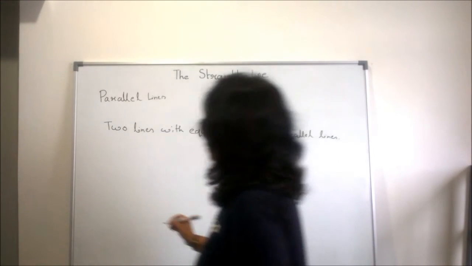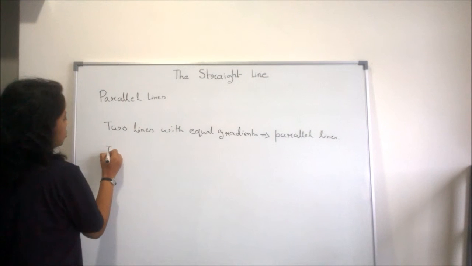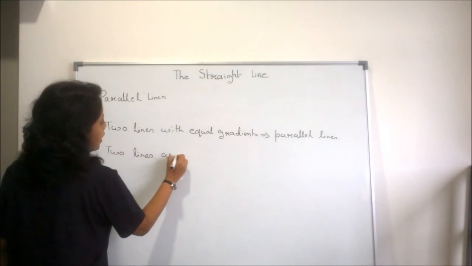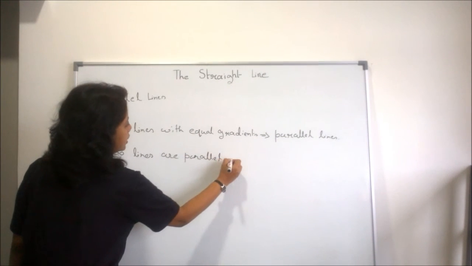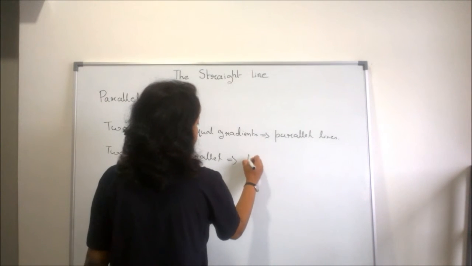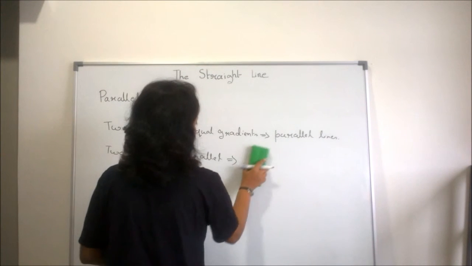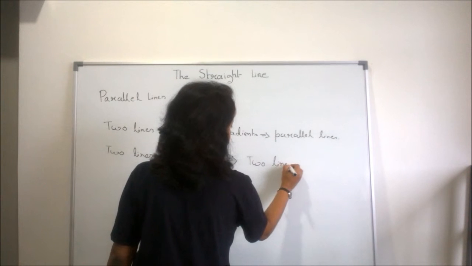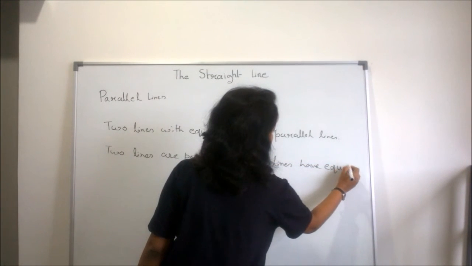Similarly, we can also write, if two lines are parallel, this implies the two lines have equal gradient.